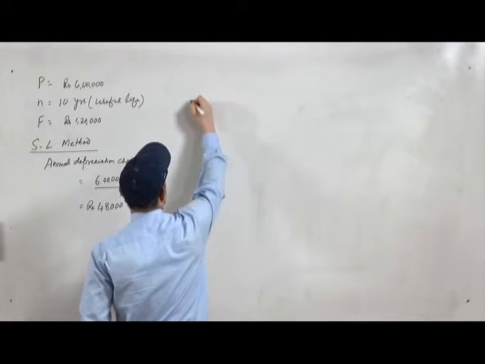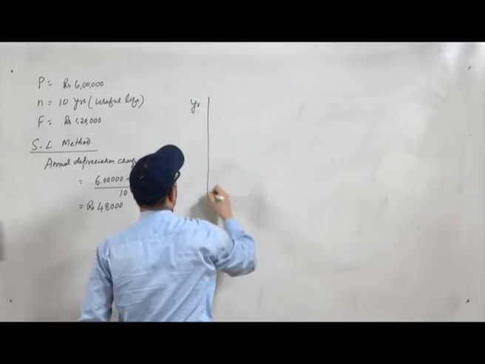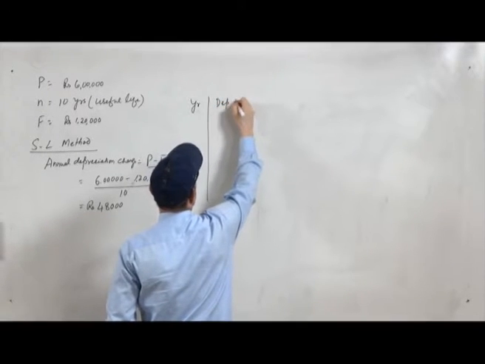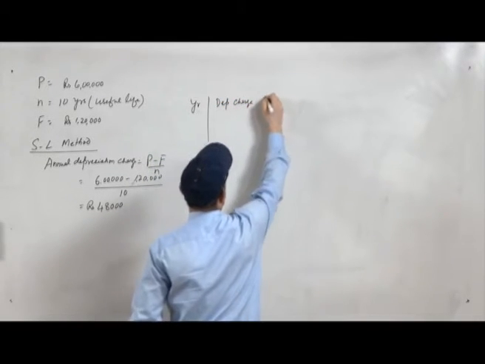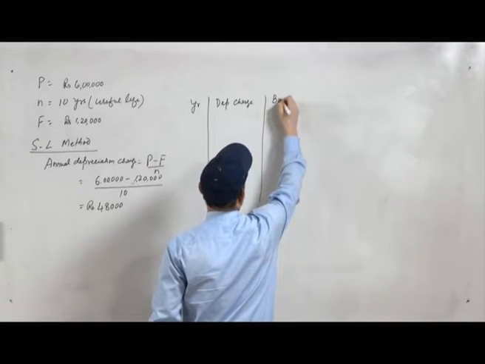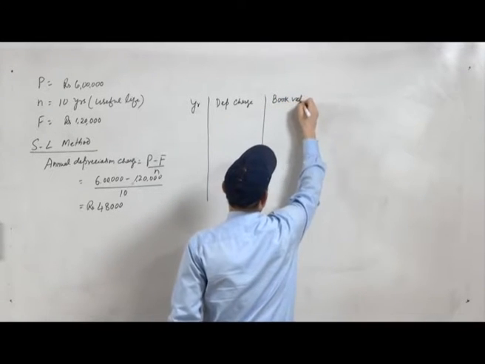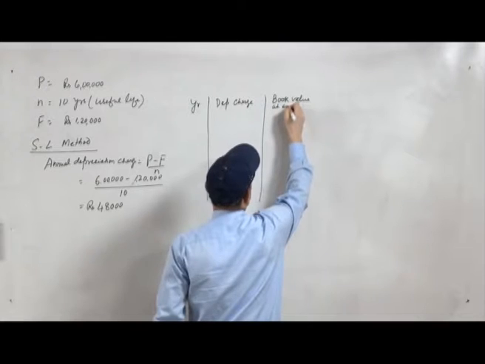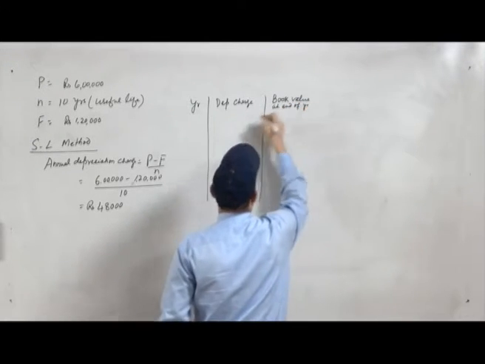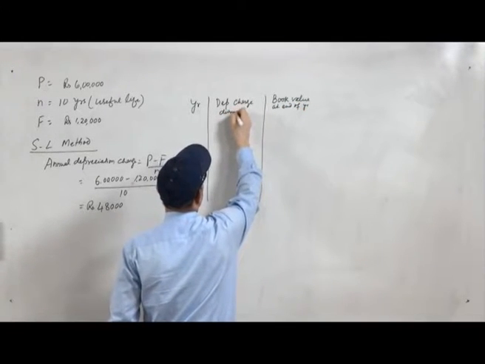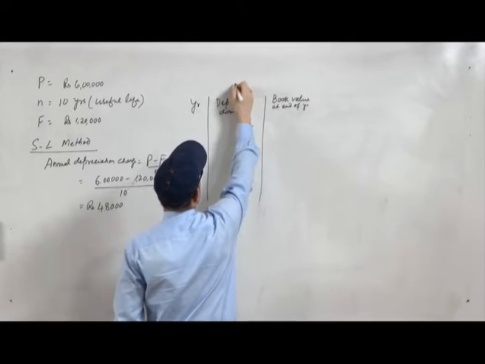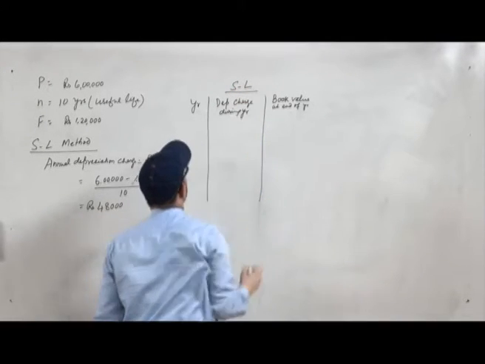So, if we calculate the depreciation schedule: year, depreciation charge during year and book value at end of year. So, this is the straight line method.